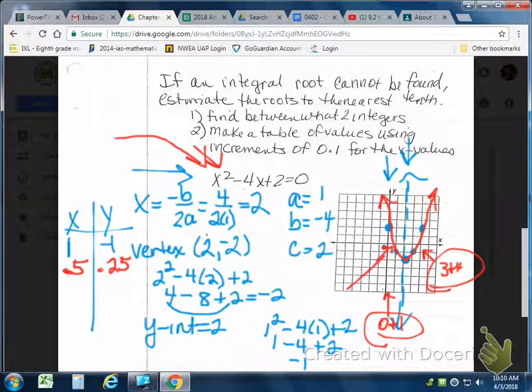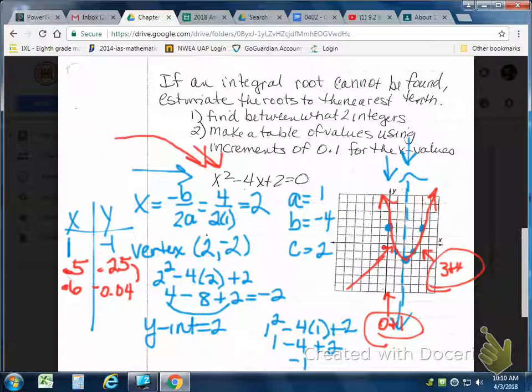We're going to go next to Skylar. Skylar, what did I assign you? You gave me 0.6. 0.6. And when I gave you 0.6, what did it come out to be? Negative 0.04. So as you can see, it fell below the x-axis. So it crossed in between these two values.